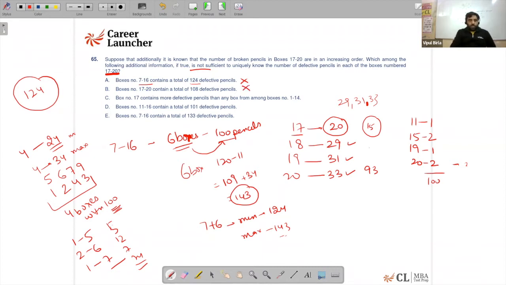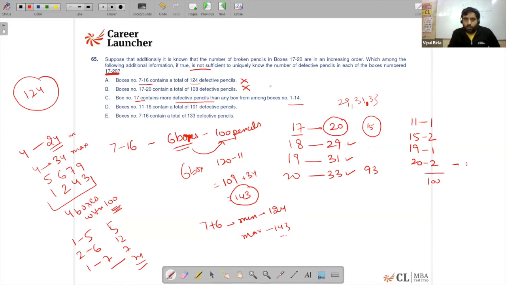C: box number 17 contains more defective pencils than any box from 1 to 14. So let's try and figure out what broken pencils there are if I take boxes 1 to 14.